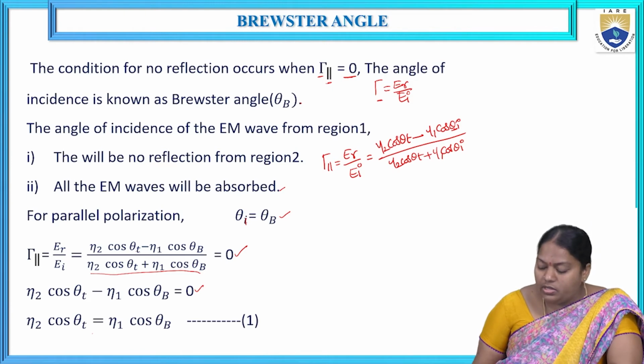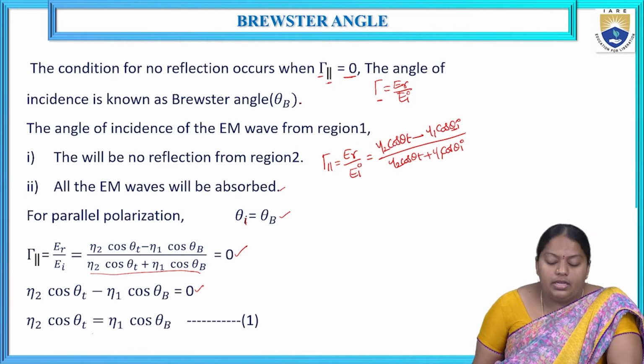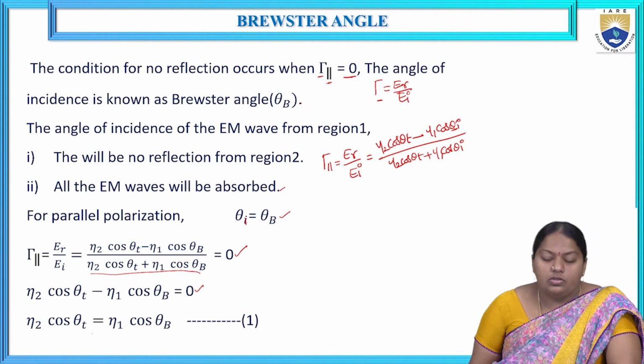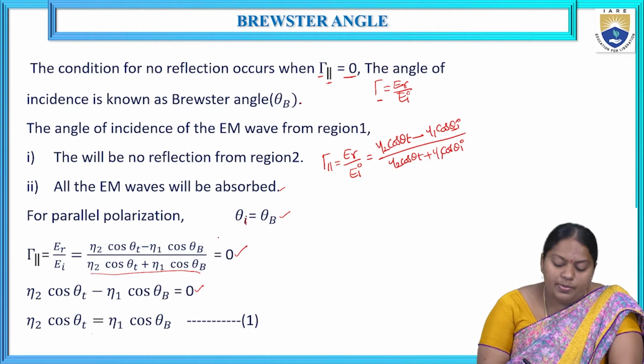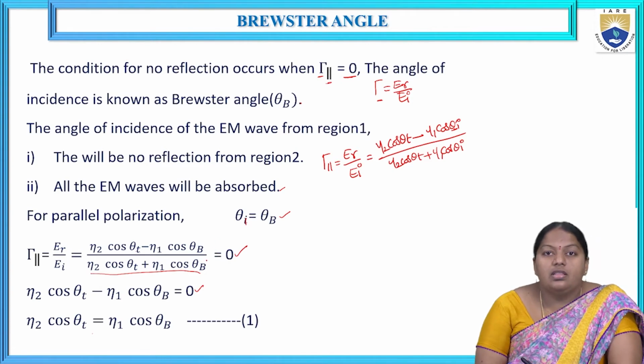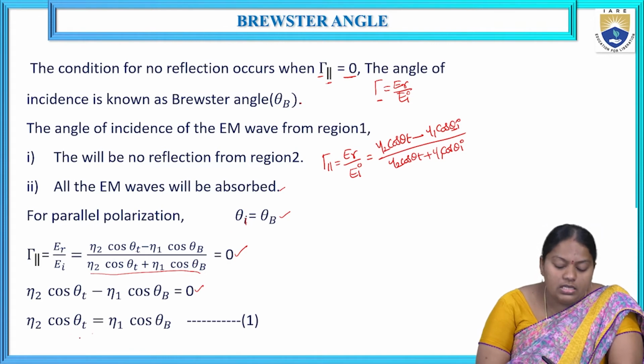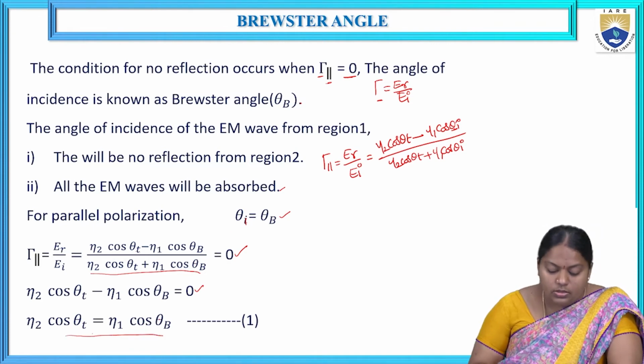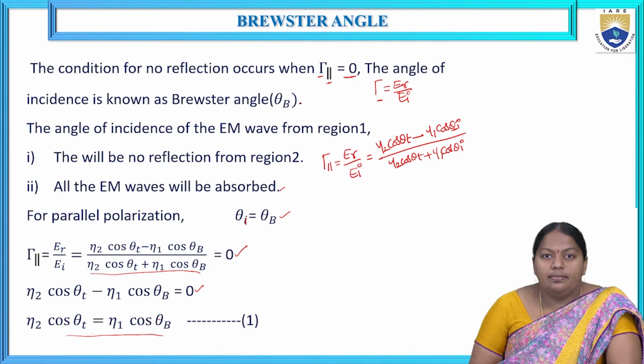And I is for incident wave, and R is for reflected wave. So with no reflection, we use the notation theta I equal to theta b and gamma parallel equal to 0, which is obtained from the gamma parallel equation for parallel polarization with oblique incidence. Then eta 2 cos theta t equal to eta 1 cos theta b.